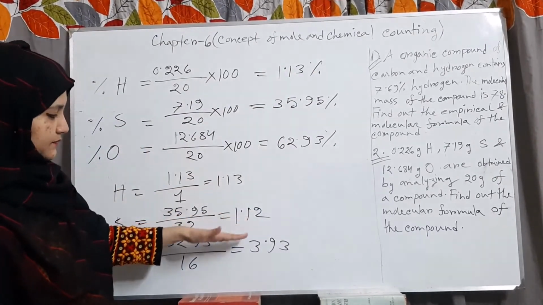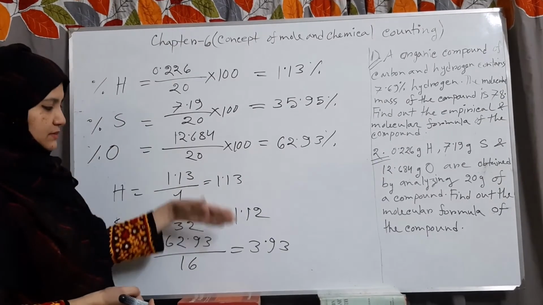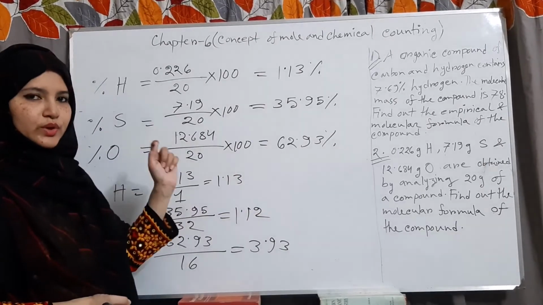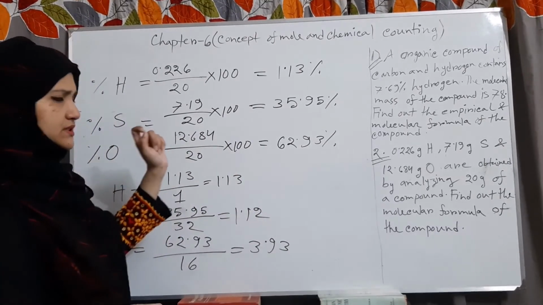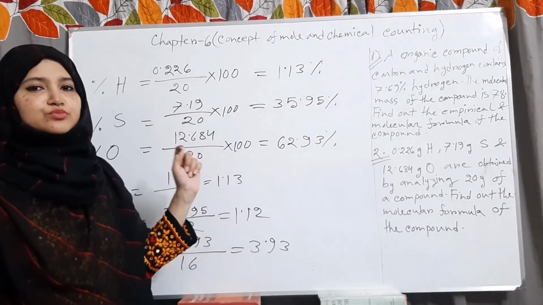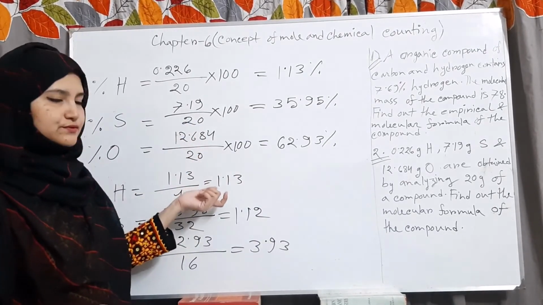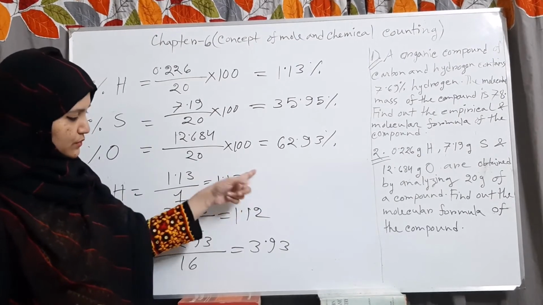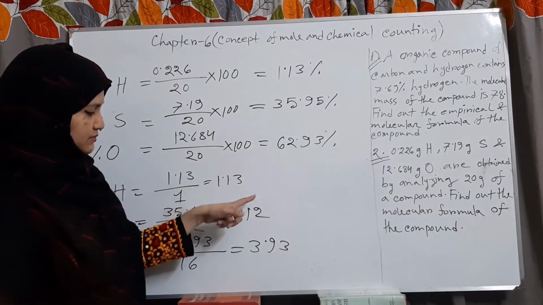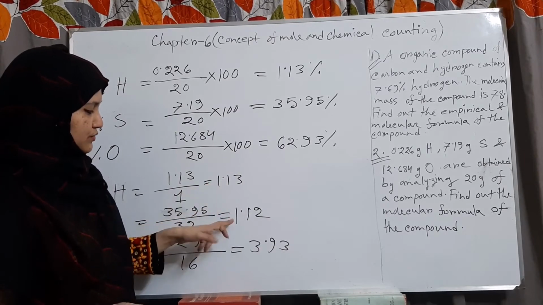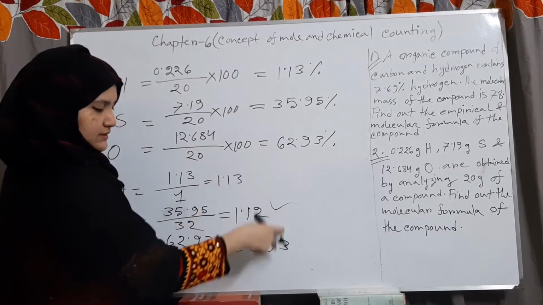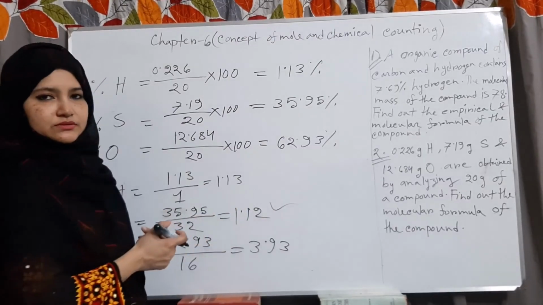The next step is, among these numbers, we have to find out the simplest ratio, the most reduced ratio. That's why we have to choose the smallest number from these three numbers, which is 1.12, and divide all the numbers by the smallest number.